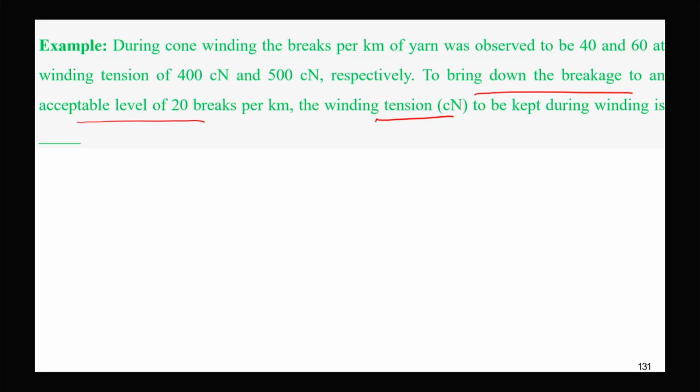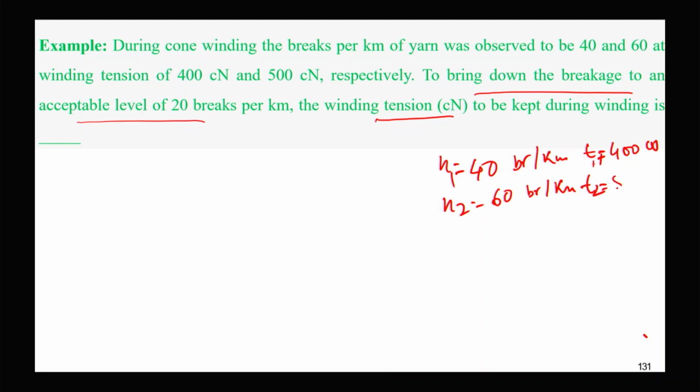We can directly use the relationship. Winding tension, breaks per kilometer, so this N1 is 40, N2 is 80. Tension T1 equal to 400 centinewton, T2 is 500 centinewton.